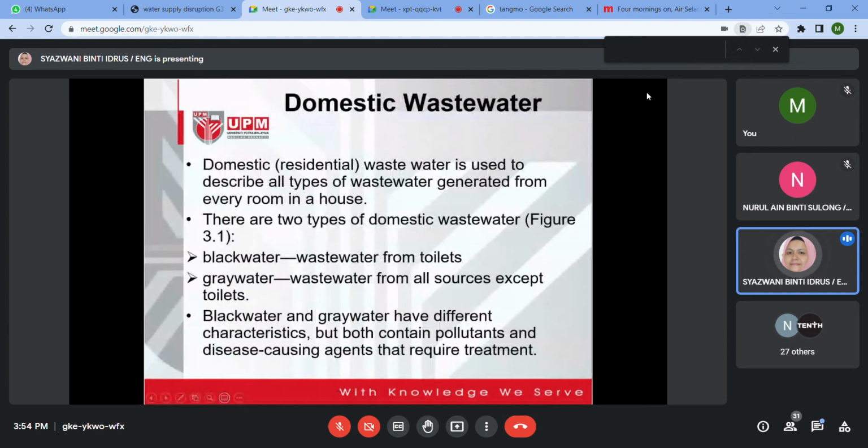Okay, domestic wastewater is comprised of black water as well as the grey water. The black water is the wastewater produced from the toilet only, but the grey water is from all other sources, from the kitchen, from the washing machine, that is considered as the grey water.